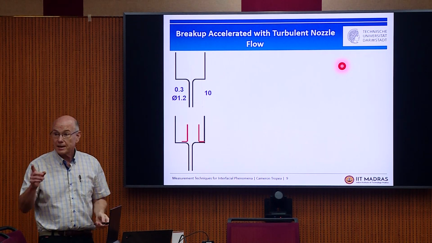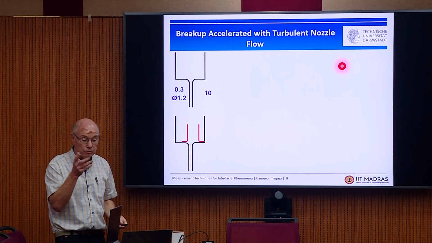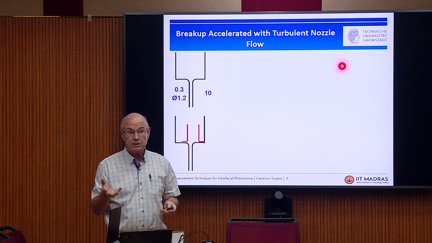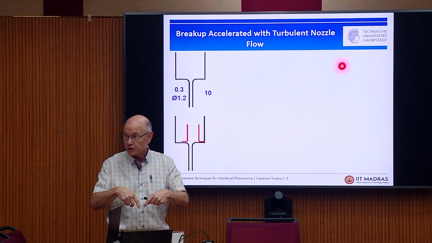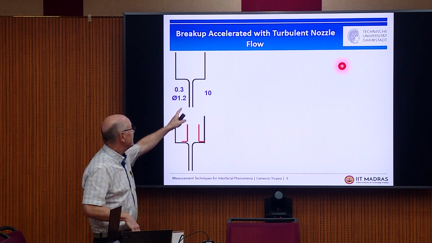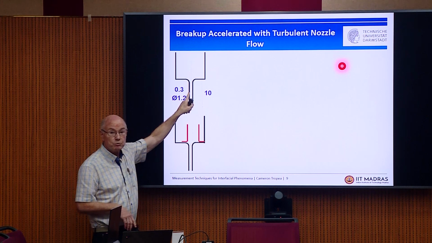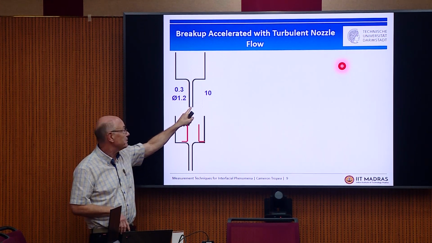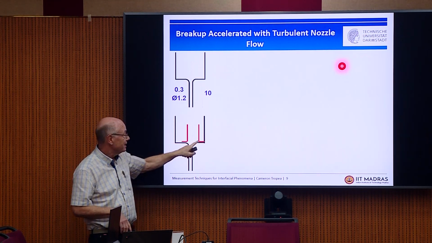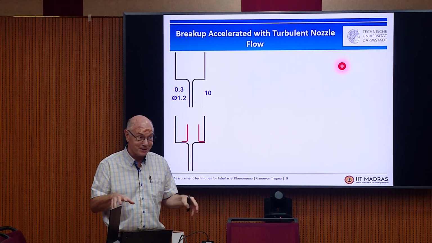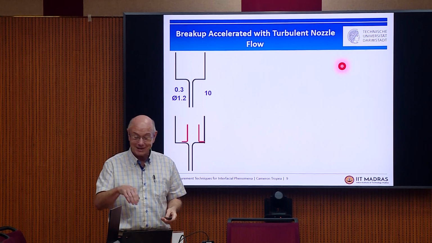And here this is from another PhD around 2005, a man from Bosch. So I did a lot of PhDs with Bosch, fuel injection. And so we made an injection nozzle with a rounded corner, so a very smooth, long nozzle. It remained laminar, and we made the same nozzle and put some obstacle in there so it would be quite turbulent, lots of disturbances. Now watch what happens outside the nozzle.